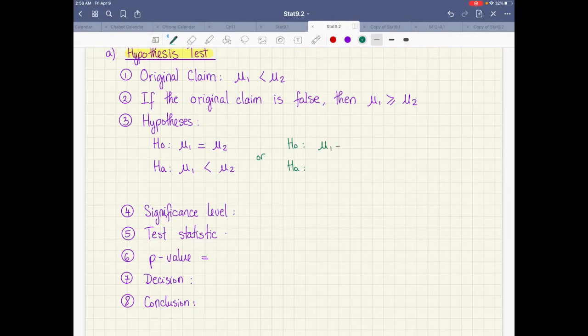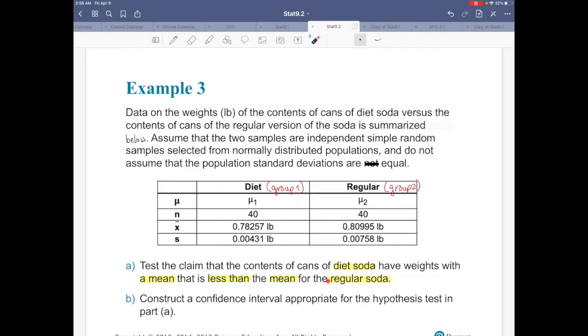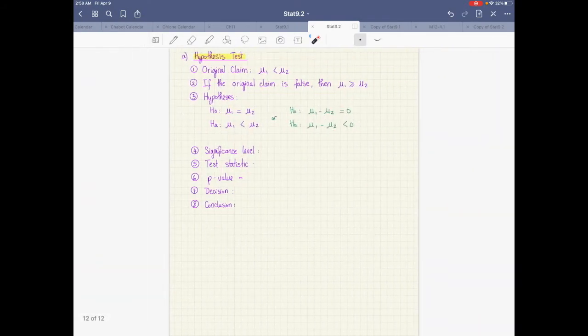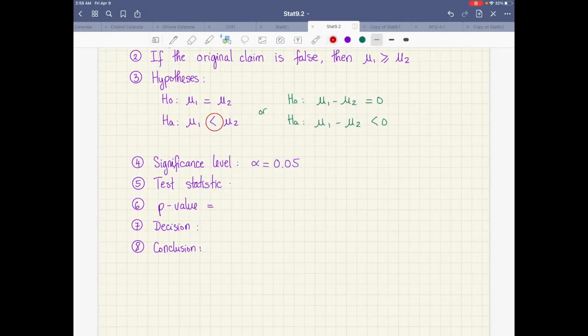Or I can have mu1 minus mu2 equals 0, or mu1 minus mu2 less than 0. Significance level is not given here. That means I am going to use 0.05. My HA contains less than, so this is a left-tail test.